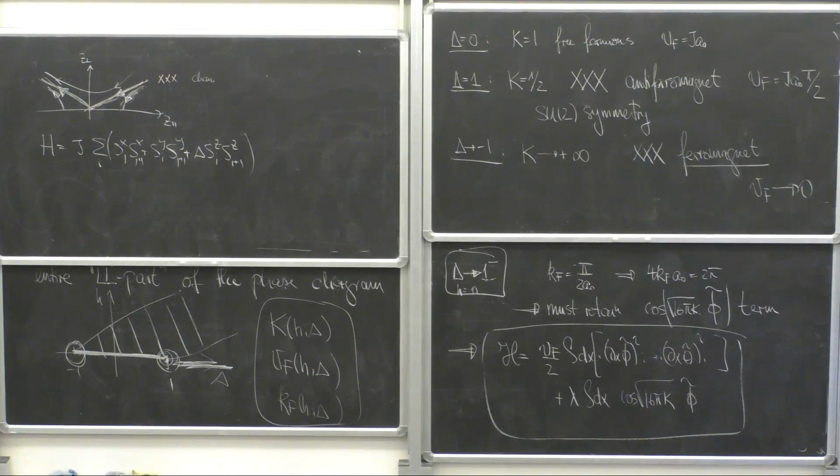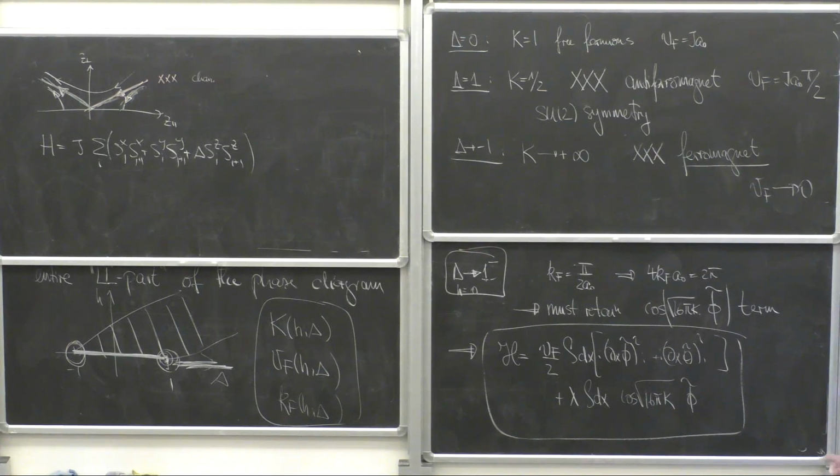Yeah. And as I mentioned to you, ages ago, probably in the first lecture, in one dimension at 0 temperature, you are allowed to spontaneously break discrete symmetries. So a Z2 you're allowed to break.